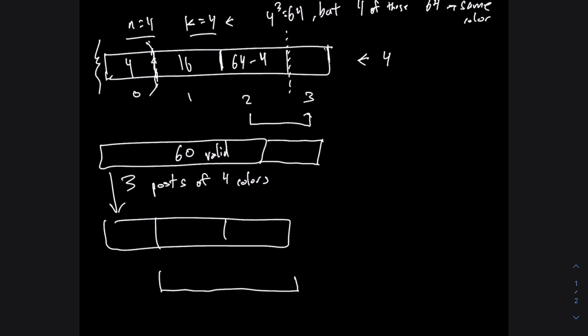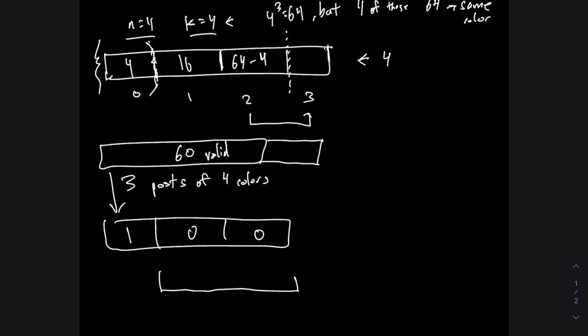There will be a certain subset of these 60 where the last 2 are the same color. So for example, of these 60 valid, let's say there will be this 0, 0 at the end, starting with a 1, is a valid combination within the 60, right?